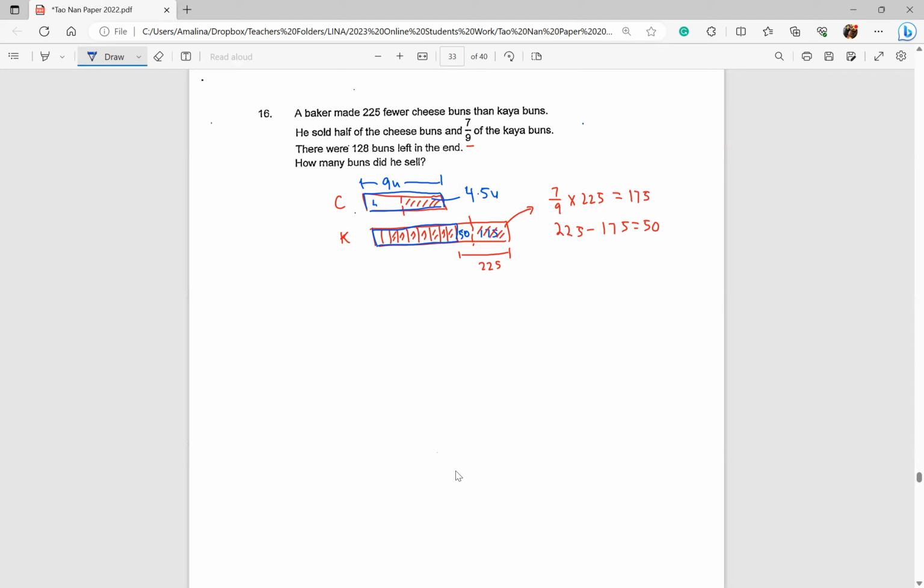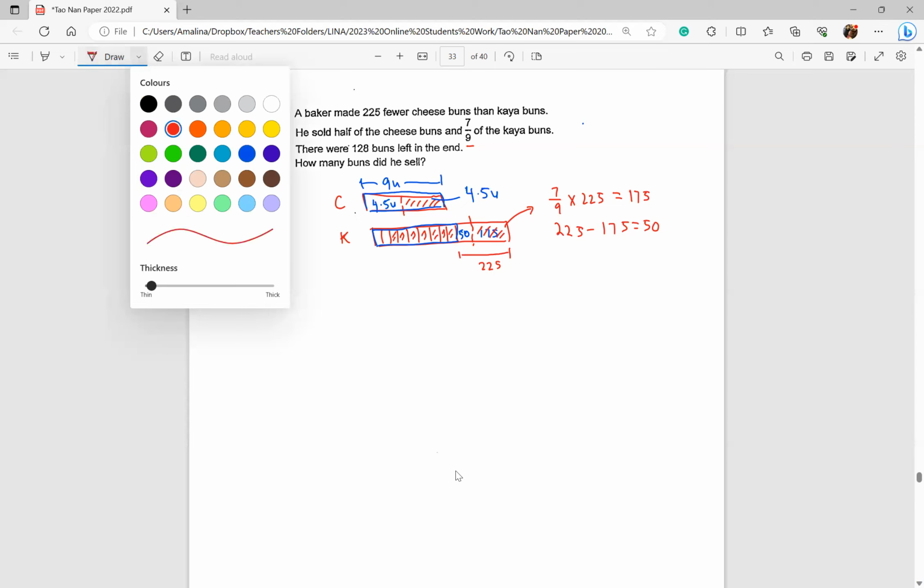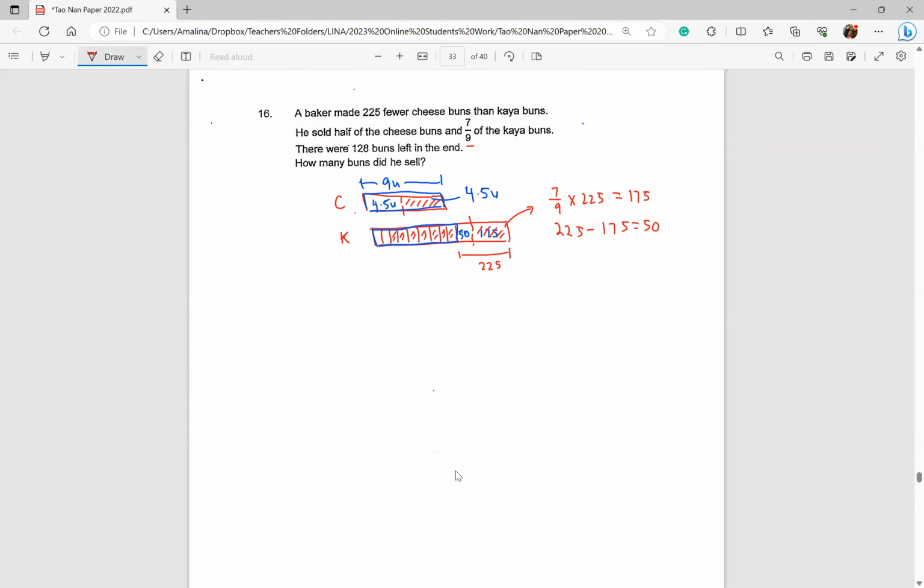And then this is also your 4.5 units. Okay, so now you will have to rewrite our equation. So you're left with 4.5 cheese buns at the end. While kaya buns, you're left with 2 units, the unshaded part, plus your 50 kaya buns over here.